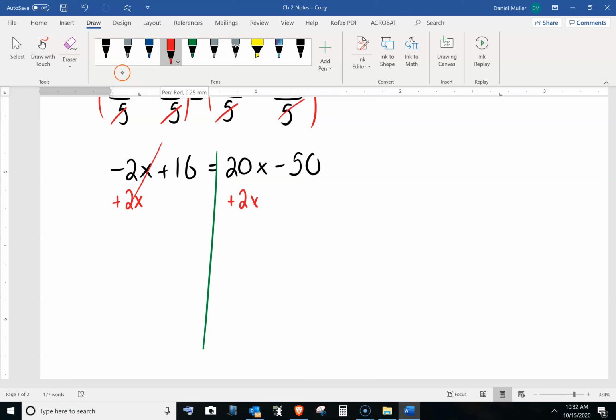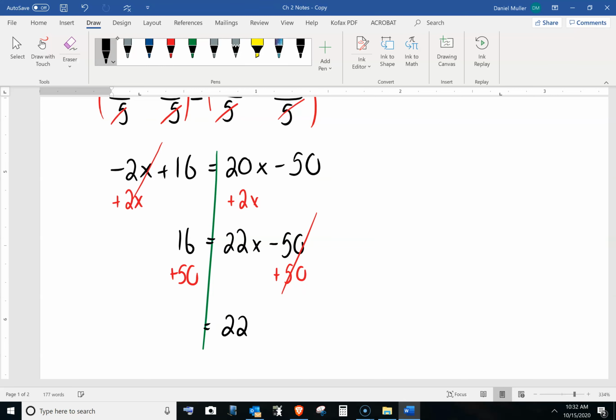So I get 16 equals 20 plus 2 is 22x minus 50. And then I can add 50 and add 50. So I get 22x equals 66.